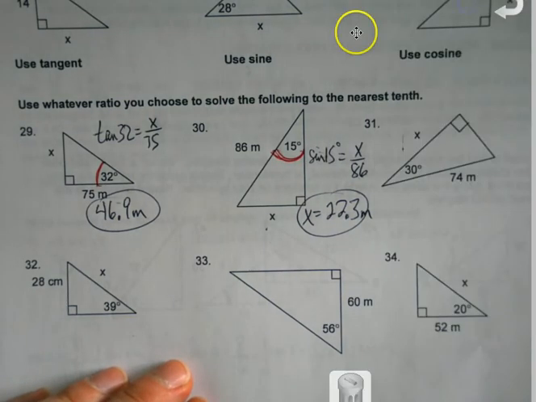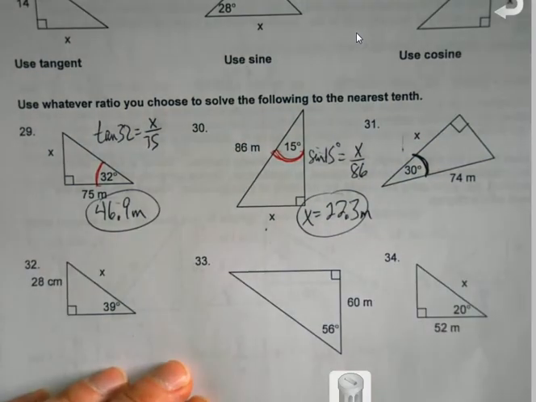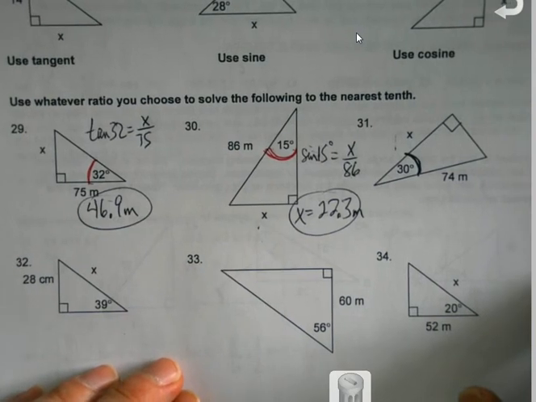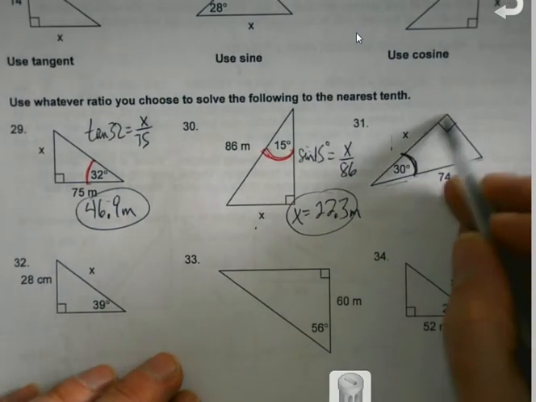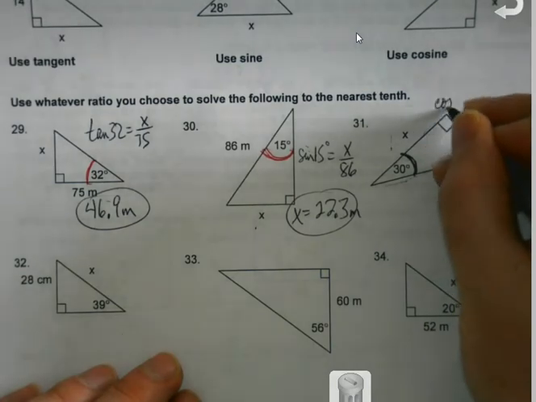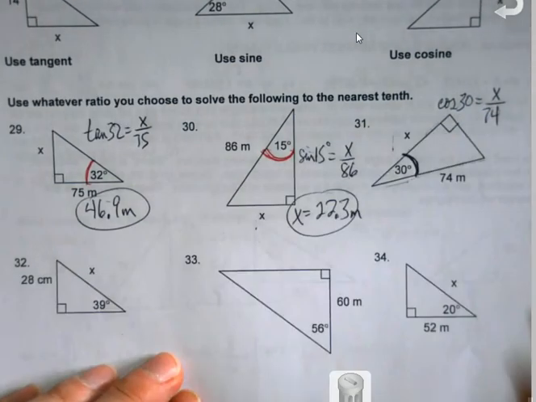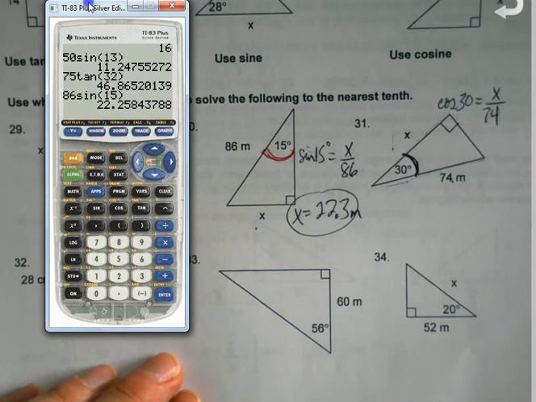And one last one. 31. What have we got? What are we using? Okay, we're going to be doing cosine because I have my hypotenuse over here and I have my adjacent right here. So the cosine of 30 is adjacent over hypotenuse, and we end up with one more where we're just going to be multiplying.